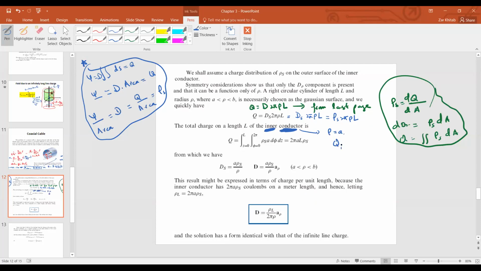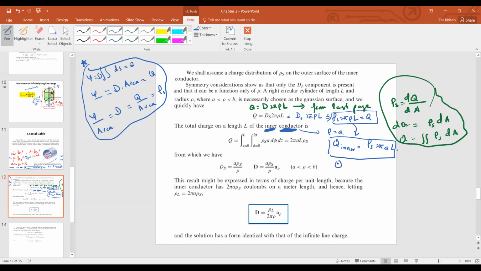So Q inner is how much? Rho S 2 pi a L, from this equation. This equals Q.